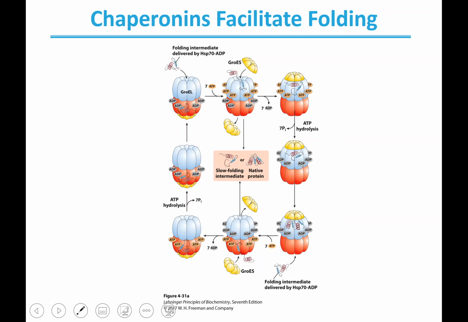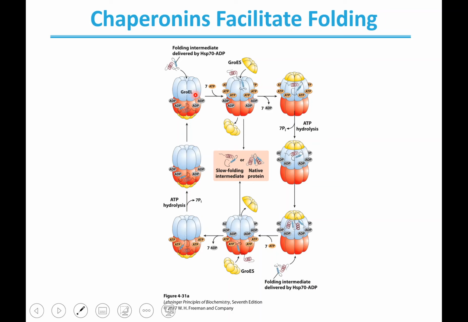They're really similar. The GRO-EL part has 7 chains to it that form this circular structure with a pocket inside, so your folded intermediate can go in there. The GRO-ES is like a top cap that goes onto it and keeps that folded intermediate protein inside.